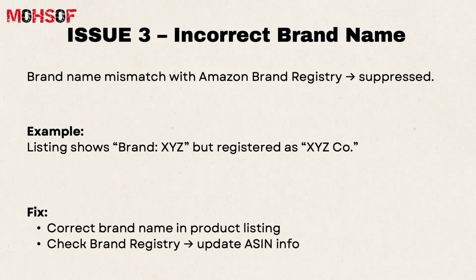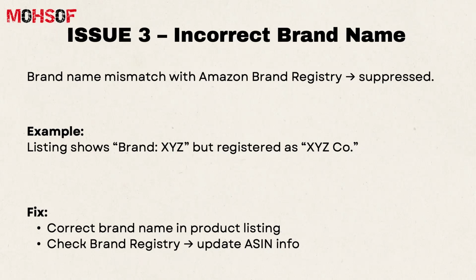The next is incorrect branding. If you are a private label brand, when you create a listing you should select your brand exactly as it is registered in Amazon Brand Registry. For example, if it is registered as XYZ Co. with a dot, and you just write XYZ and create the listing, it will not get created because the brand registry will be missed.